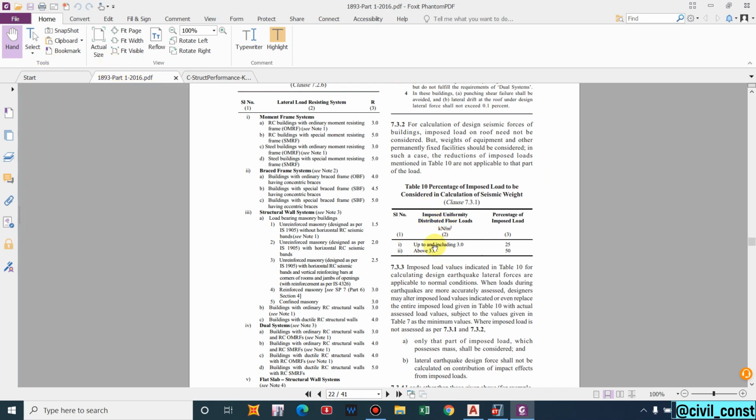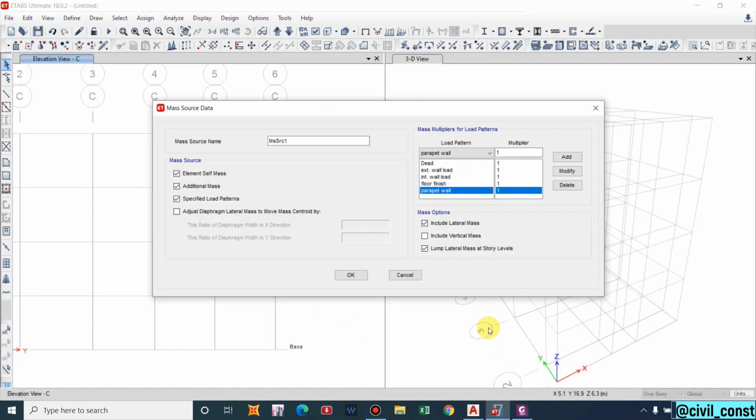So if the dead load is up to 3 kilonewton per meter square, then the percentage of imposed load is taken as 25, and above 3 kilonewton per meter square it is taken as 50% of the imposed load. So this is the point we have to understand. And for general loading in the residential building, we should know the value of loading.